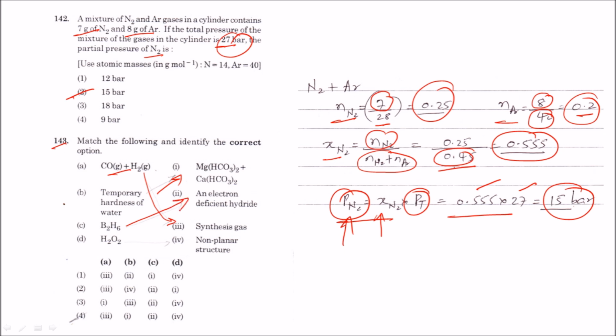B2H6 is an electron deficient hydride, and H2O2 has a non-planar structure. So the right answer in this case is the fourth option. We can see here A3, then B1, C2 and D4. The right option for the 143rd question is the fourth one.